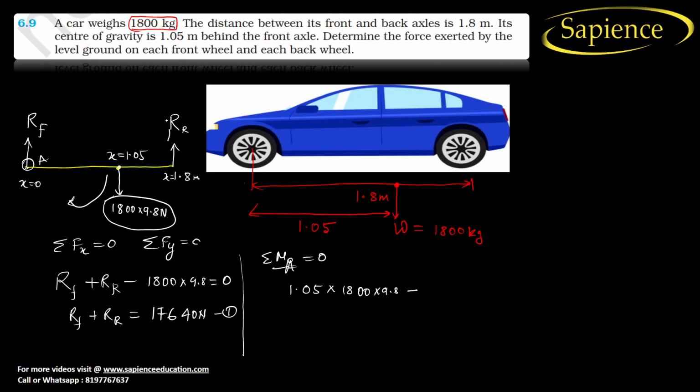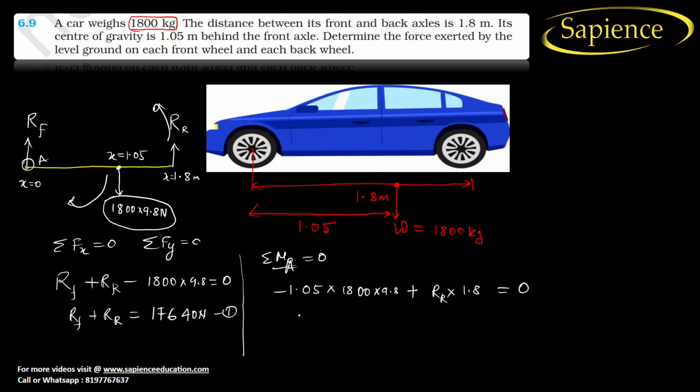The reaction force of the back wheel or rear wheel will try to move in the anti-clockwise direction. So you may take this as negative and this as positive. So it will be Rr into 1.8, and this will be equal to 0.